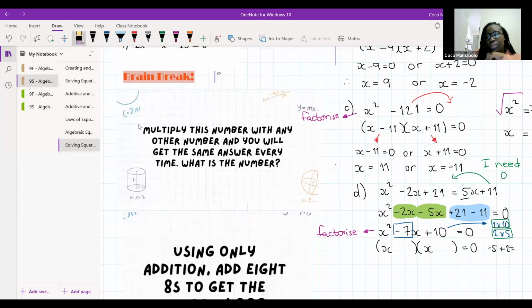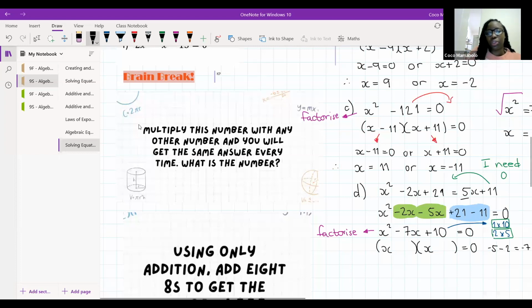So how do I get to negative 7 though? Negative 5 minus 2. That's it. That means both my brackets will have a negative number in there, right? Yes.